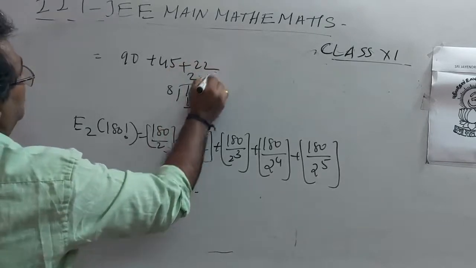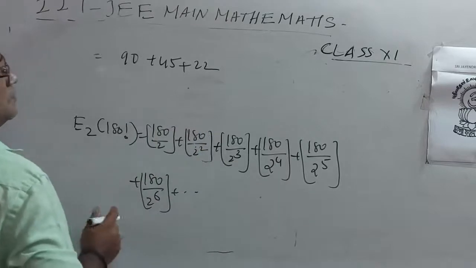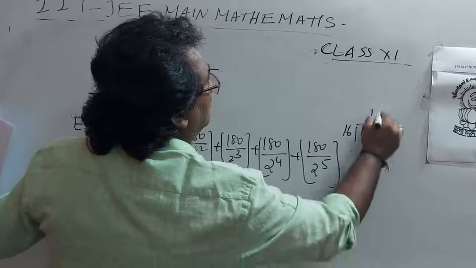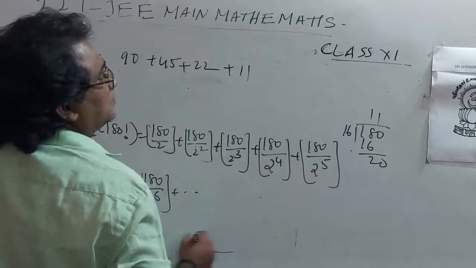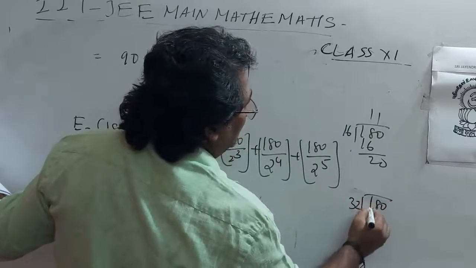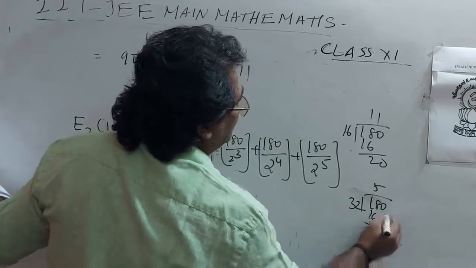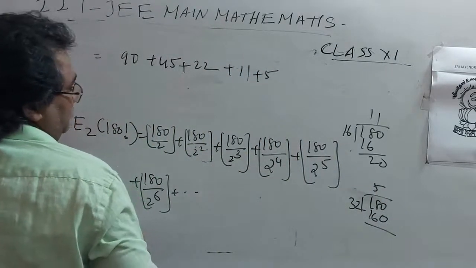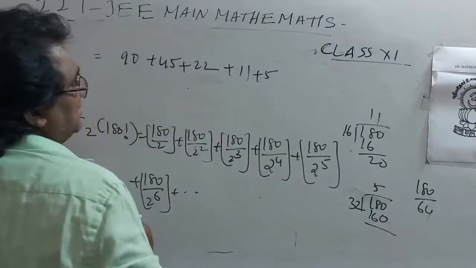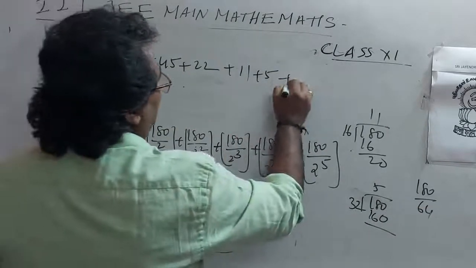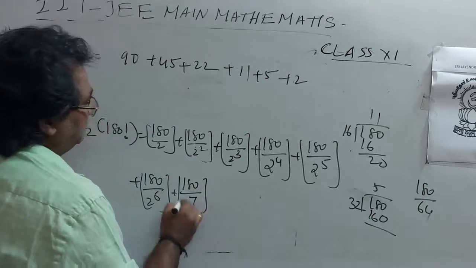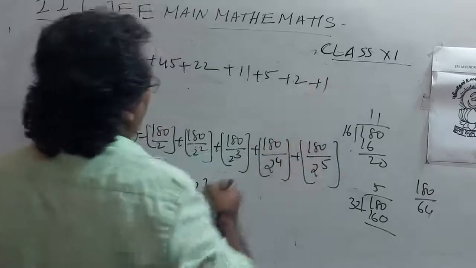So we have 22 times, 180 by 16 is 11, 180 by 32 is 5, 180 by 2 power 6, 64, is 2, 180 by 2 power 7, that is 128, is 1.